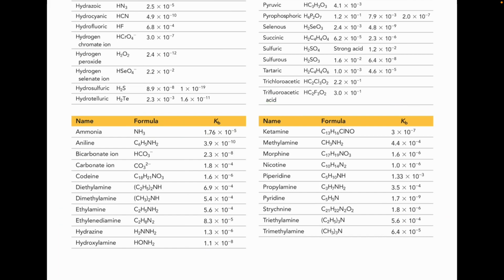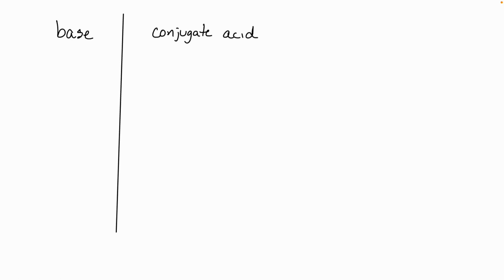All right, so there's this important relationship that we haven't talked about. If I have a strong base, as is the case with my hydroxide ions, take a second and draw me my conjugate acid real quick.